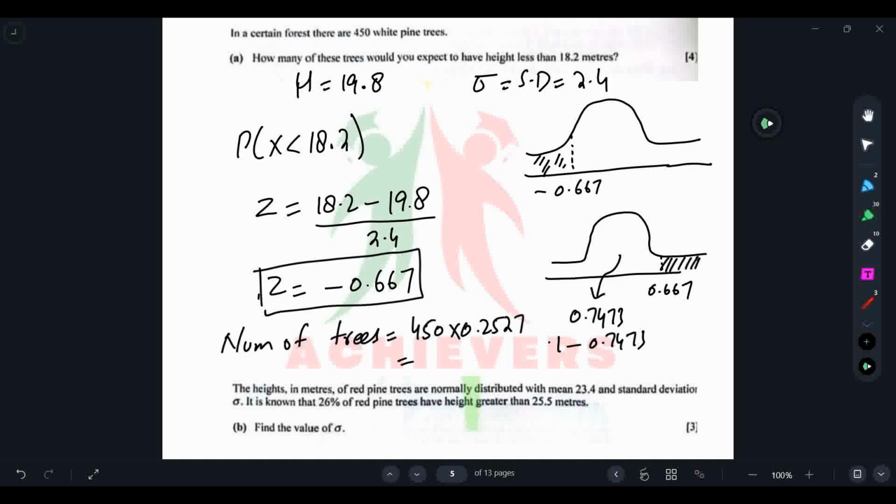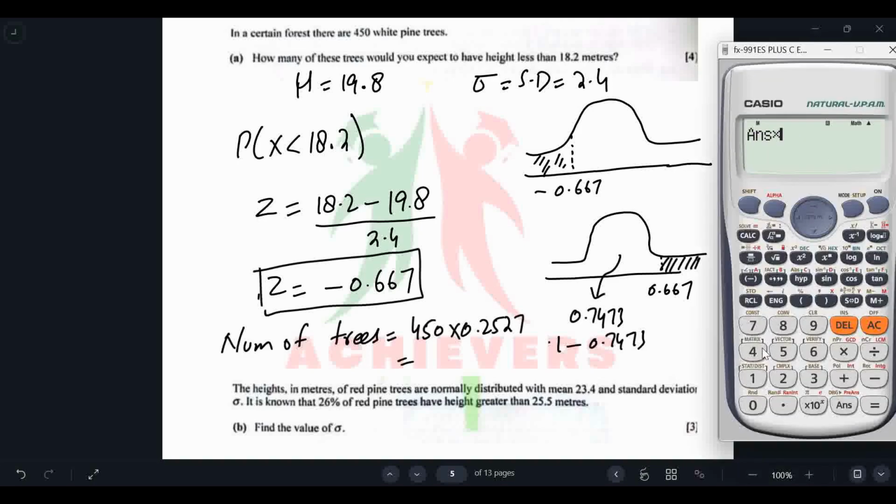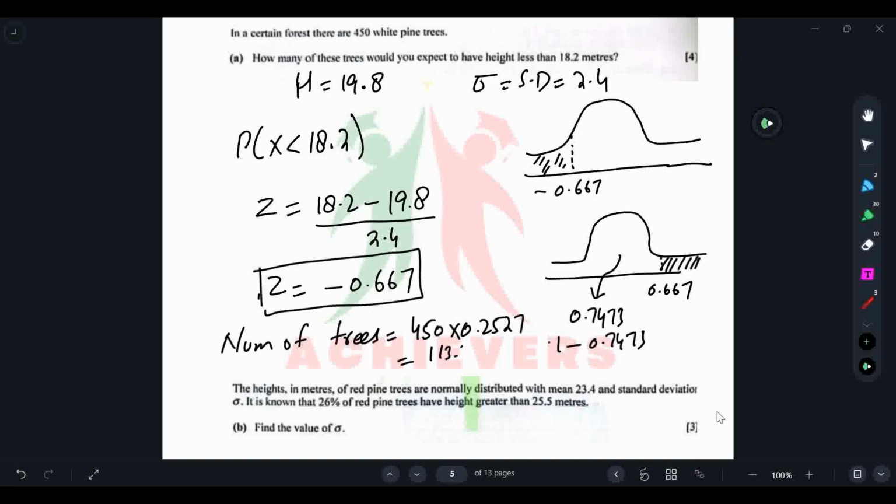So the answer will be 113.715, which means that the answer will be 114. So this will be the final answer.